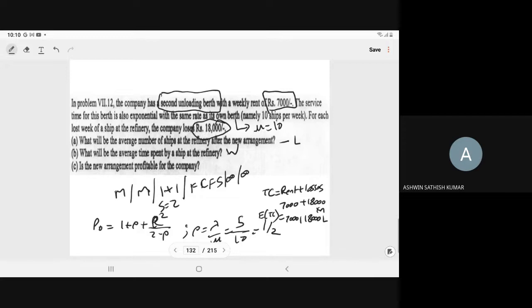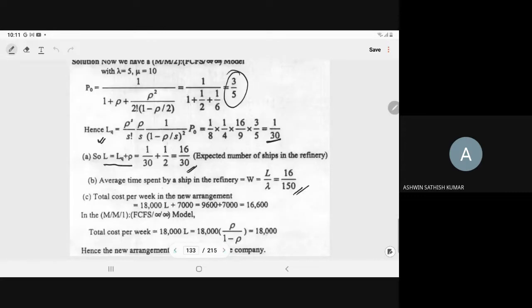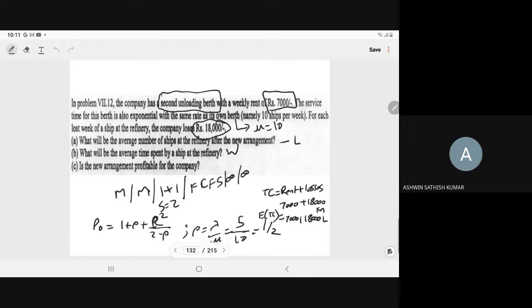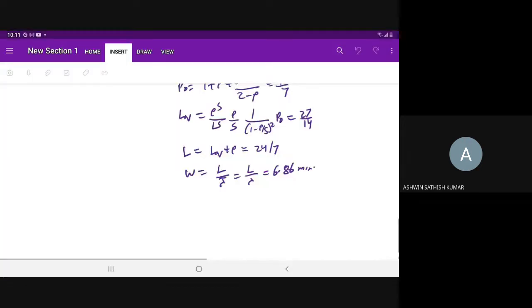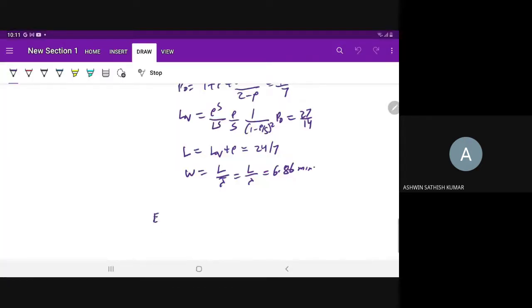When S is equal to 1, what is the expected total cost? When S is equal to 2, what will be the expected total cost? For S is equal to 1, it will become 18,000 L because there is no rent.